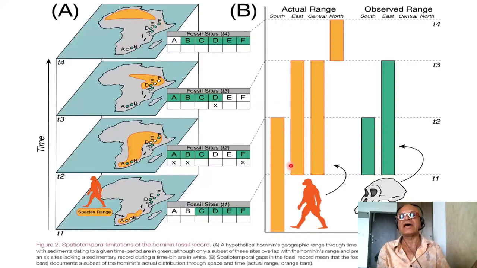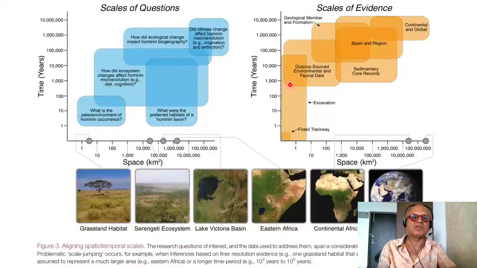Okay, so you can see the actual range south, east, central, and north over different times appear this way in a hypothetical sense. So this is what you actually manage to observe. So you have to build models, theory-based models, to predict these, and then try to find data to match the gap of what you have already observed versus what could be the actual hypothetical range.